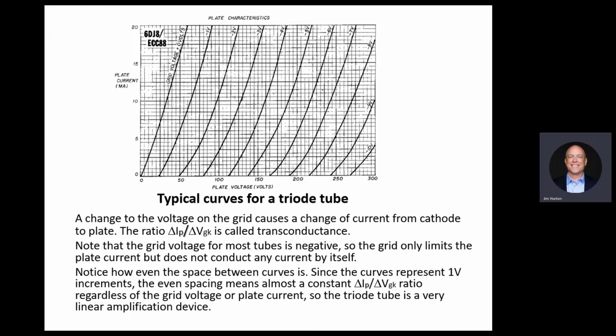If the device is not linear, there may be changes in how much current it's conducting, and that has an effect. We will see. So ideally, for audio or most amplifiers, we're trying to retain the shape of the original signal. If the tube has curves this nice, with even spacing, it's a linear tube.